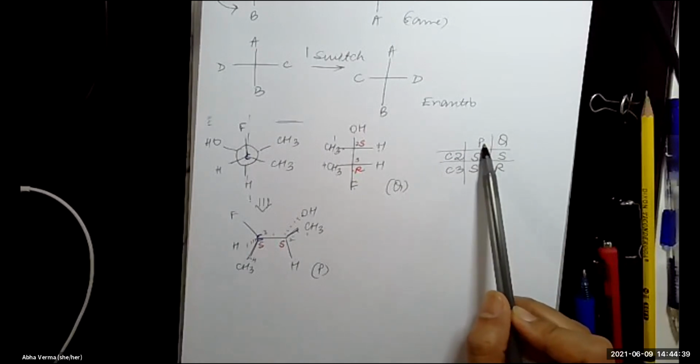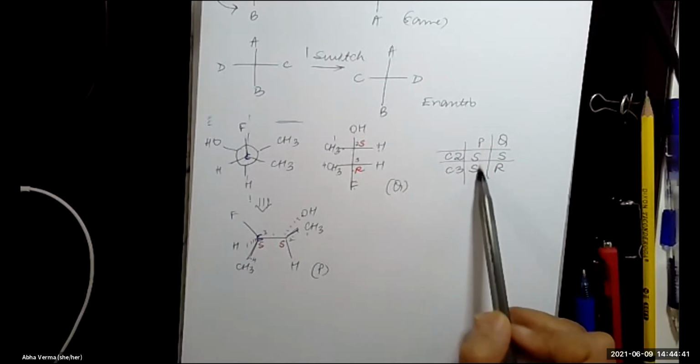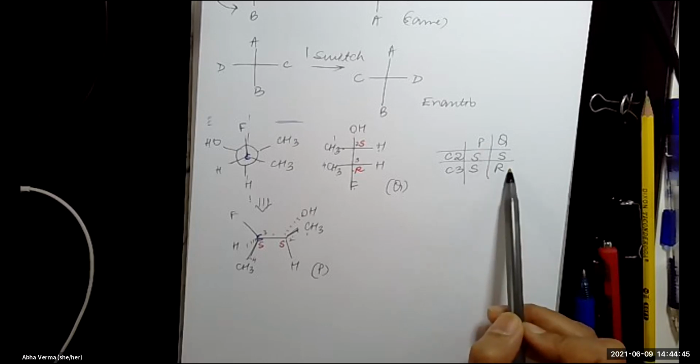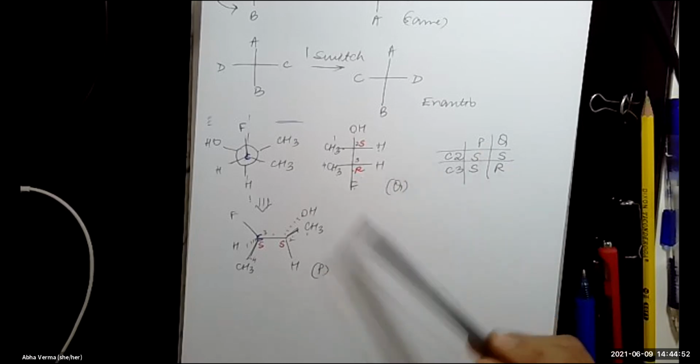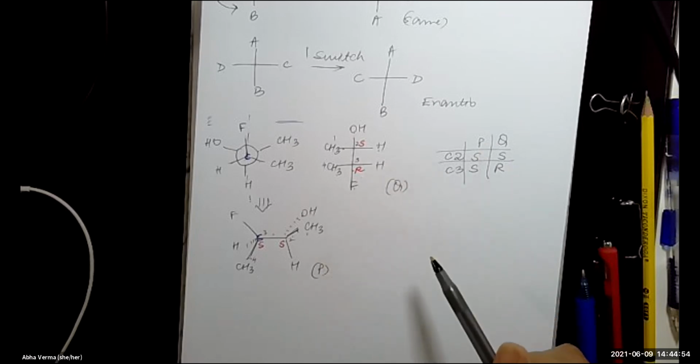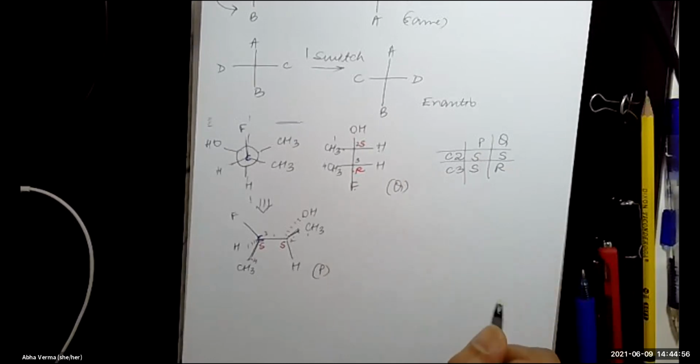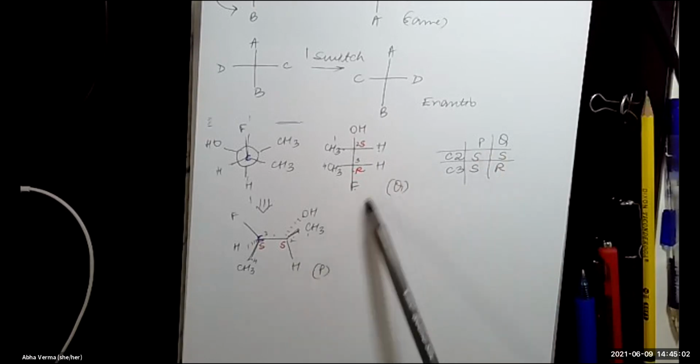So at my P, all these configurations, are they equal and opposite to those at Q? They are not. Are these two enantiomers? Anybody? When you have a combination like this, will these two be enantiomers?